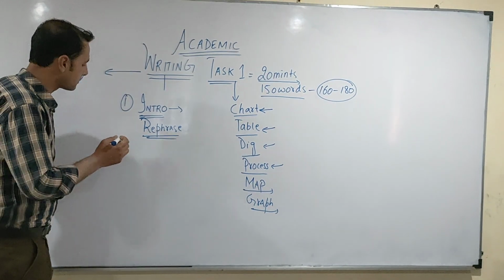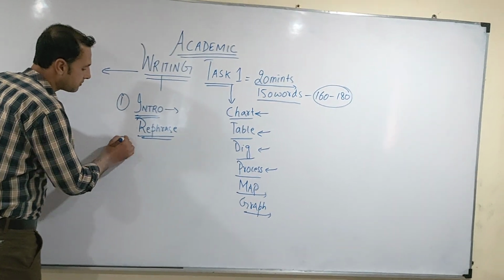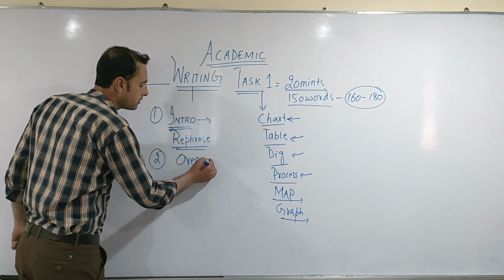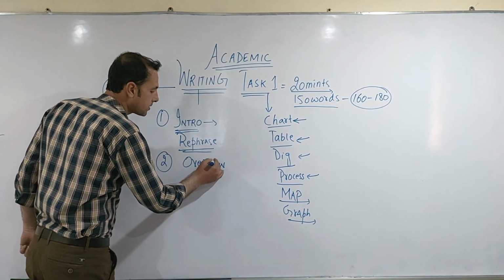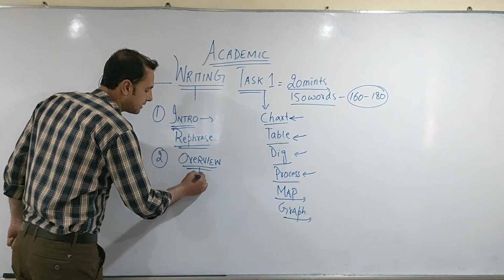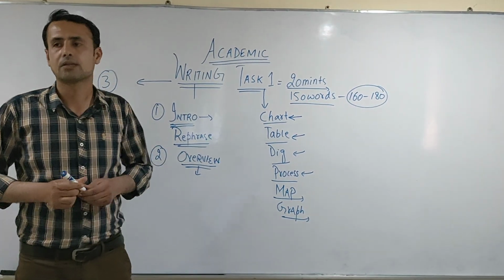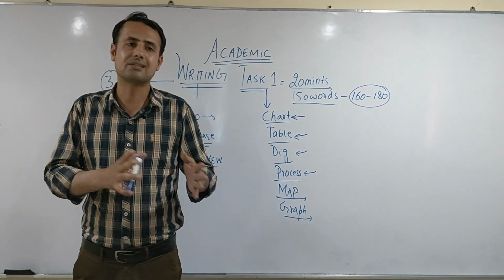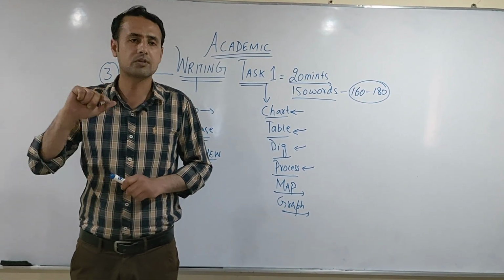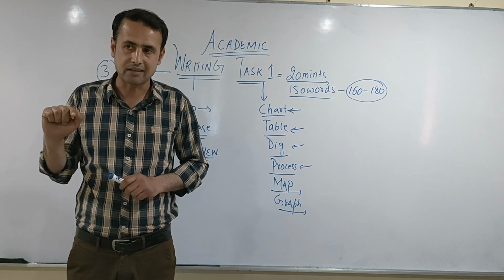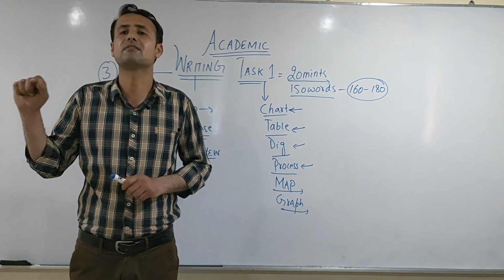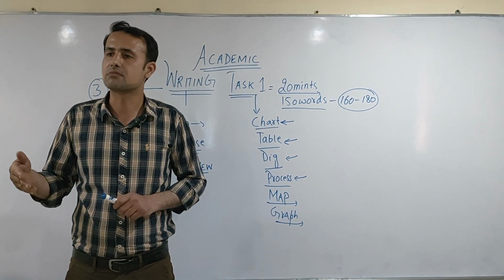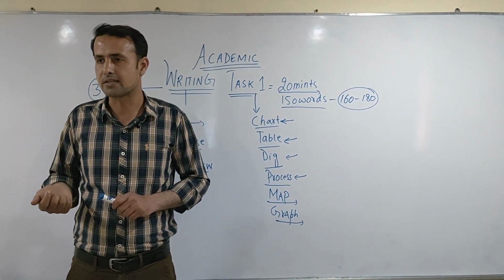The second step is that you are going to give an overview. How the overview is given, that is what is important. In this step, you need to use cohesive devices like overall, generally, in general, or generally speaking. Don't use other words to conclude or to summarize.